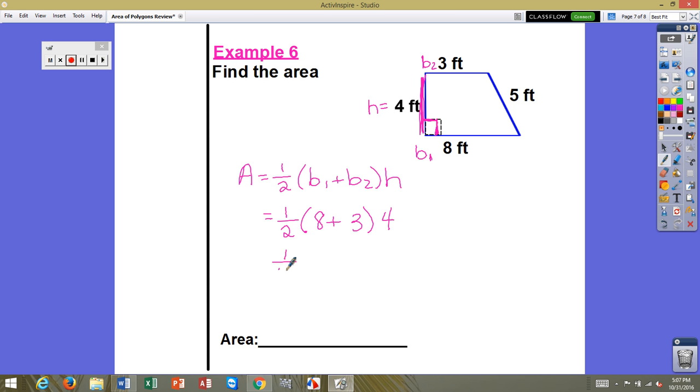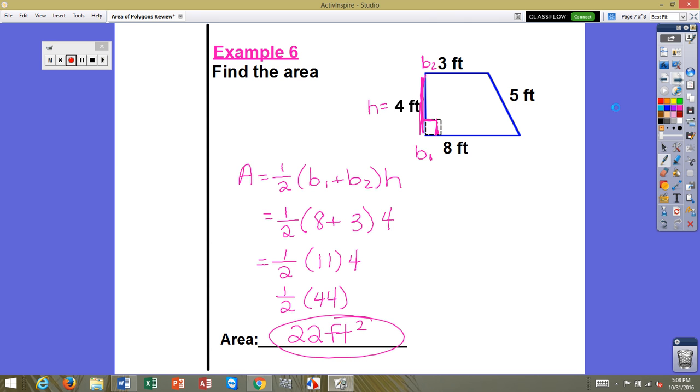So we're going to do 8 plus 3, which gives us 11. And we're going to rewrite everything else. All three of these things are being multiplied. Again, we can do it in any order. I like to multiply the whole numbers, 11 times 4 first. So half of 44, I can write it in parentheses or without, it doesn't matter. 1/2 of 44 would give me 22 feet squared as my answer.